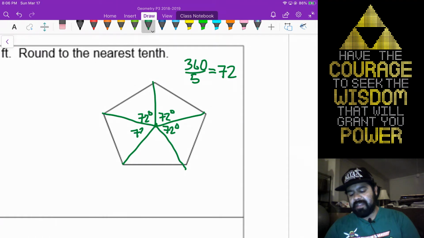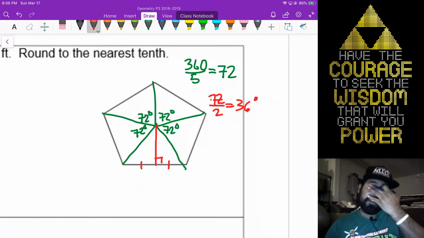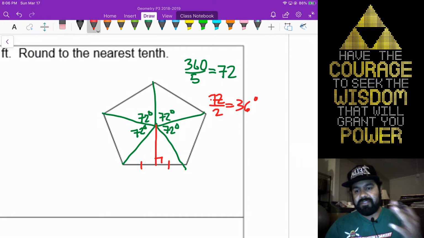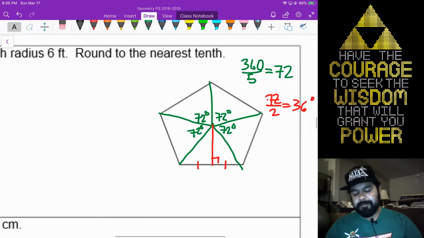And then what'll happen again is when you draw your apothem, that's going to be 72 divided by 2, so 36 degrees. Now 36 is not one of our special right angles, so what we're going to need to do is some trig on this.